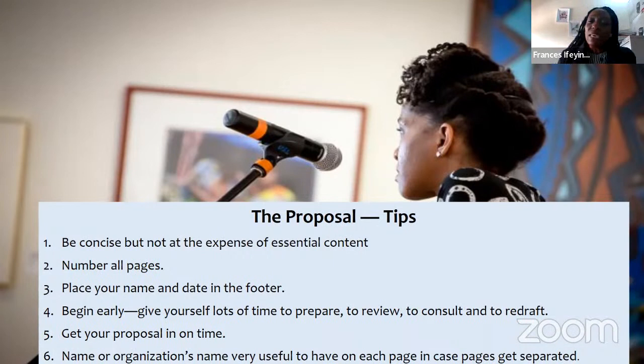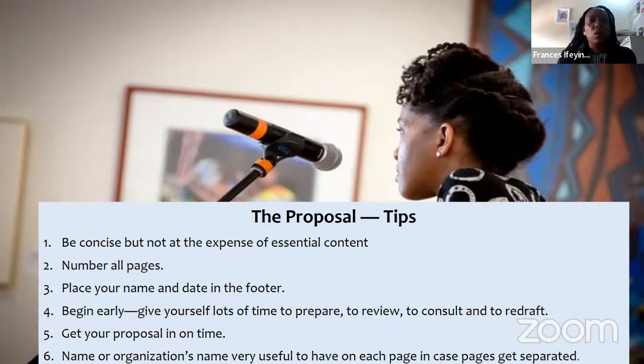Take time out, begin early. Give yourself lots of time to prepare, to review, to consult, and to redraft. Sometimes because we feel that there's so much time, we keep putting it away. But like the Englishman said, a stitch in time saves nine. If we know we want to handle a project or a proposal, start as early as possible.